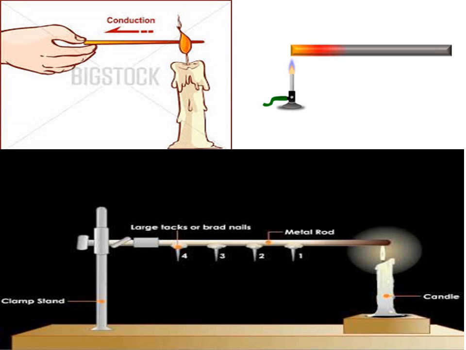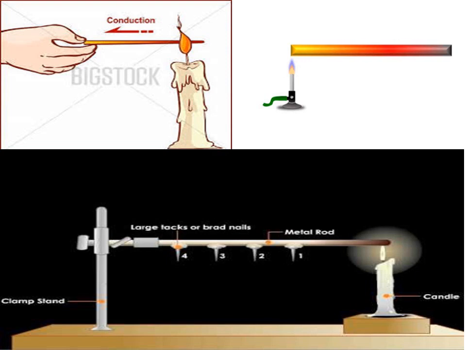So what is the method? Fix the board pins or nails to the metal rod with wax as shown in the diagram. Then fix the rod to the stand and heat the farthest end of the rod with the candle. What do you observe?